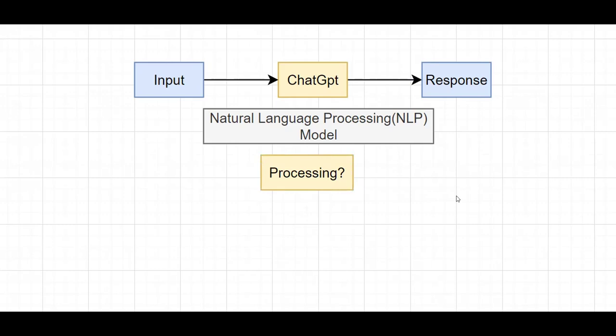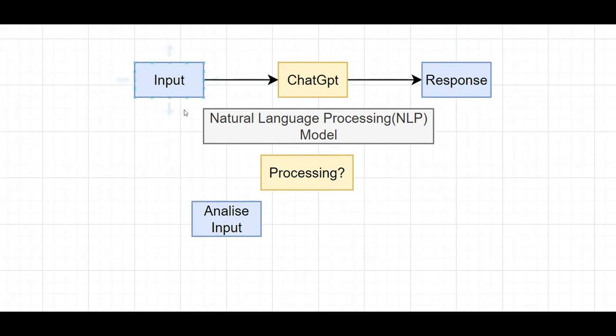If you observe, in order to provide the correct response for the given input, first our natural language model needs to analyze the input and understand whatever input we are getting.